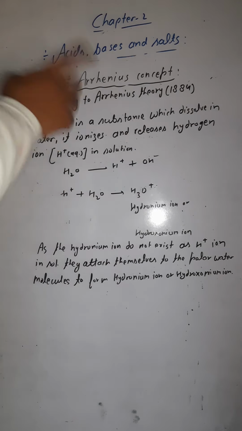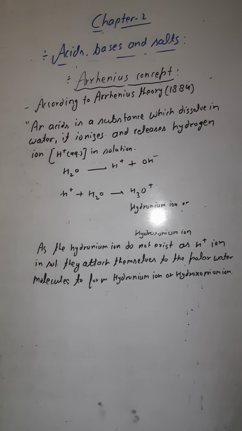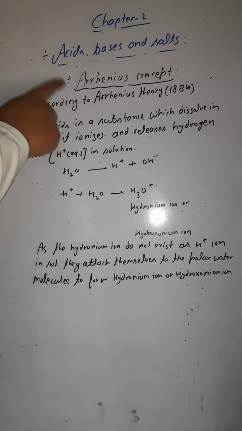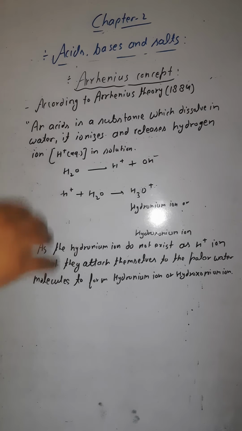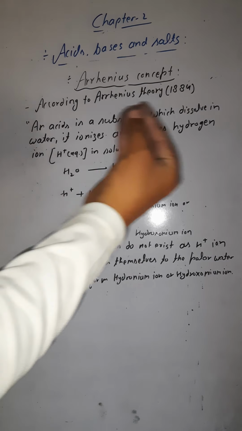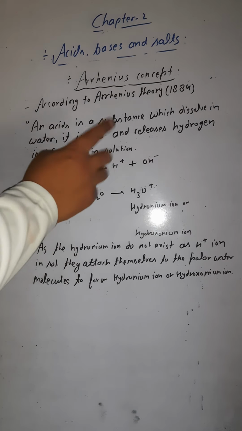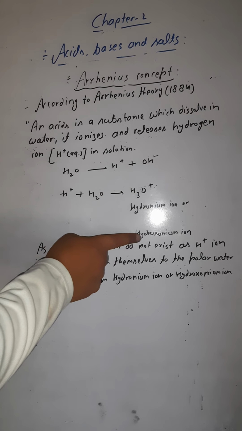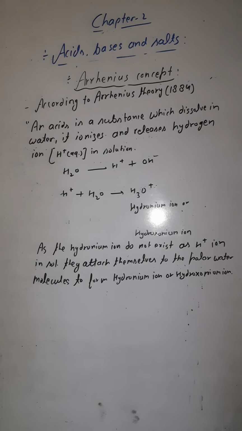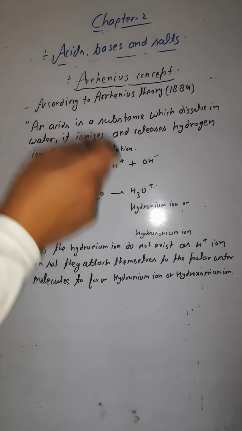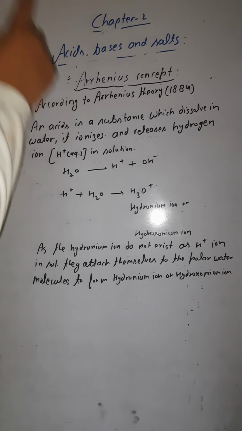Simple definition. So this is the Arrhenius concept. According to Arrhenius, an acid is a substance which dissolves in water and gives H+ ion or hydronium ion in the solution. H+ is the hydrogen ion, H3O+ is the hydronium ion, also called the hydroxonium ion. Are you getting this? This is the Arrhenius concept which you have to know. Just note it down.